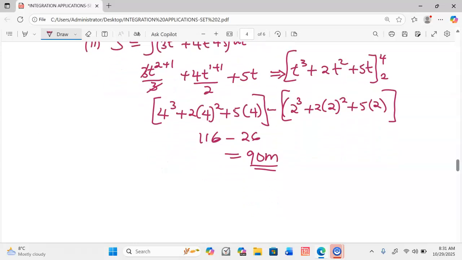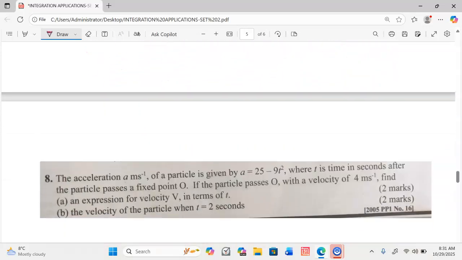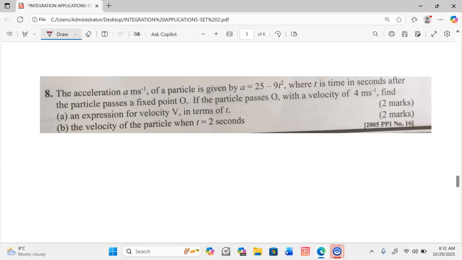We are moving to the next question, a question that was done in KCSE 2005, paper 1, question number 16.